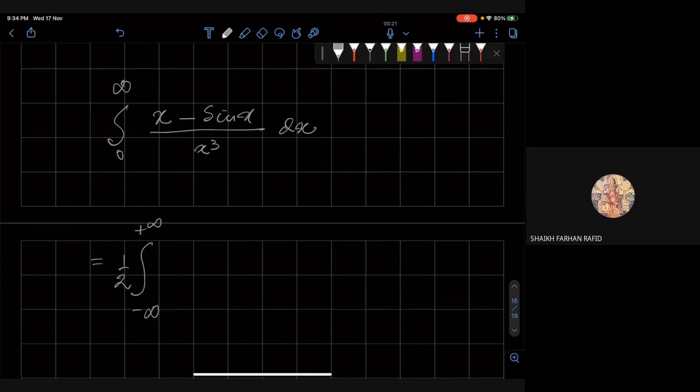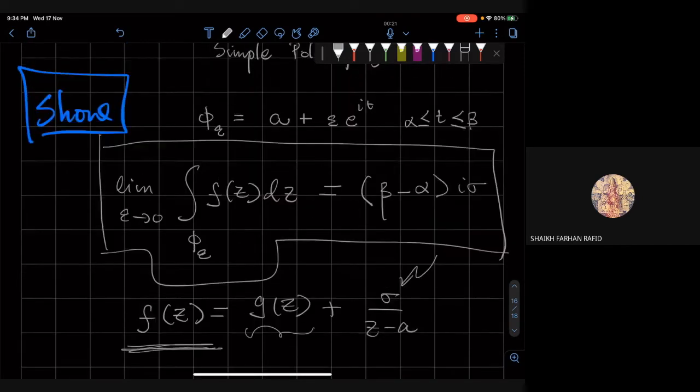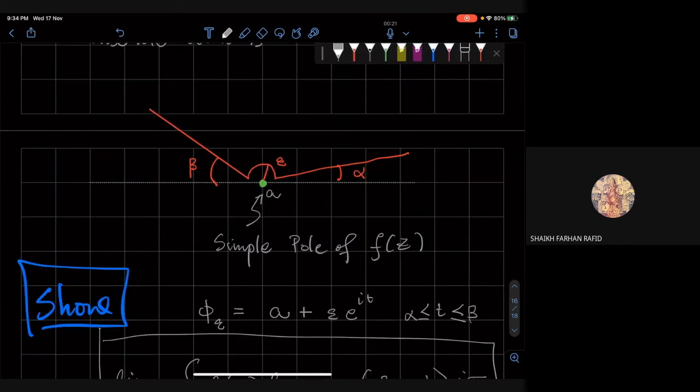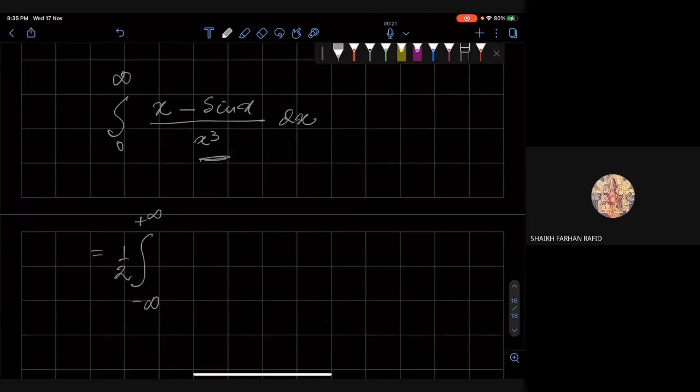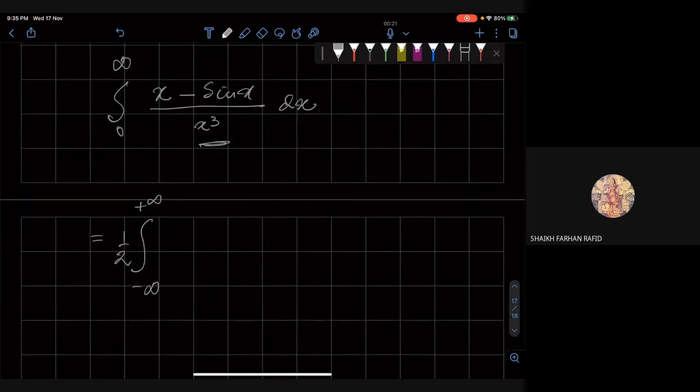For example, this one has a pole of order 3, which is not obviously going to be applicable to the Mousehole contour, but we'll see that with a little bit of cleverness, we can sometimes use this result for more complicated cases. So this is going to be half of the integral of x minus sine of x by x cubed dx.